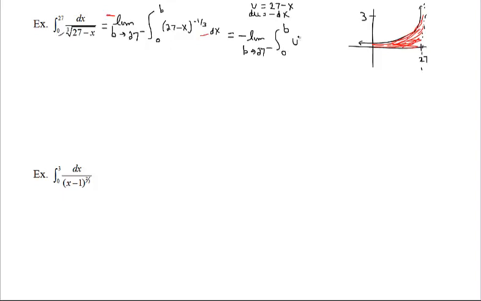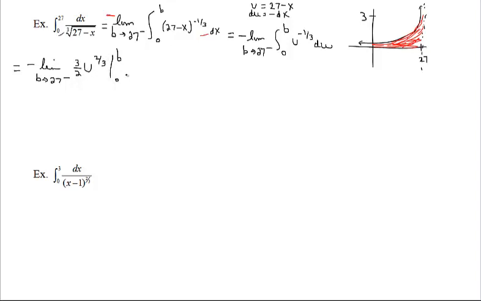Looks like it's going to be u to the -1/3 du, and that's just going to be a reverse power rule. So u is going to increase to 2/3, and I'm going to multiply by 3/2. And I'm going to evaluate that from 0 to b.